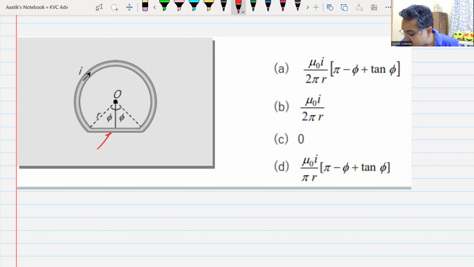What is the magnetic field due to this wire? Mu naught I by 4 pi r into 2 sin phi. What is R? Sir? What is R? Radius of the circle, isn't it?